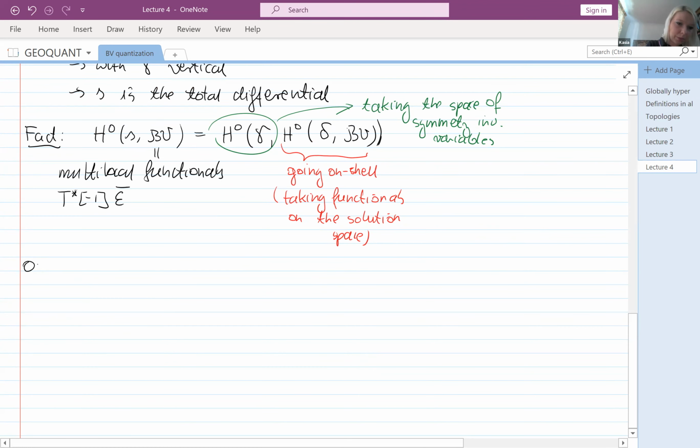So the output from the classical theory is some graded vector space. So this is this extended configuration space.